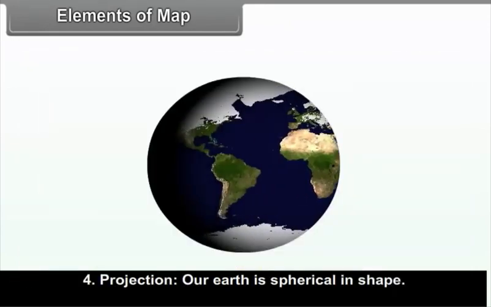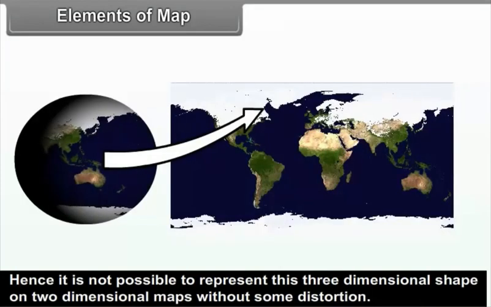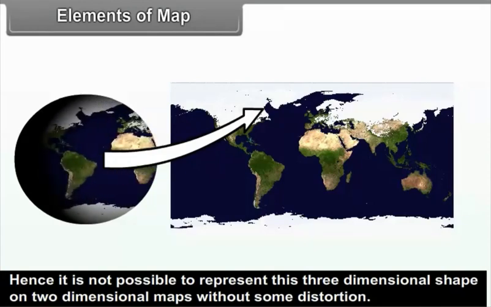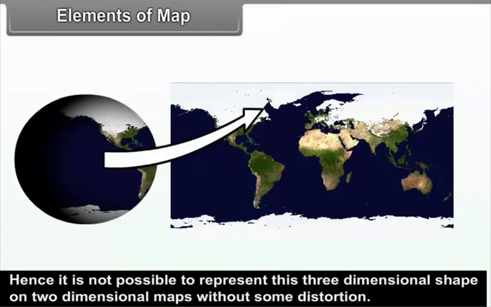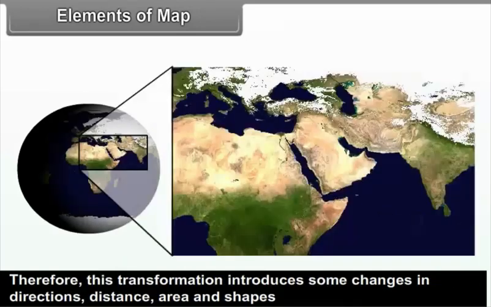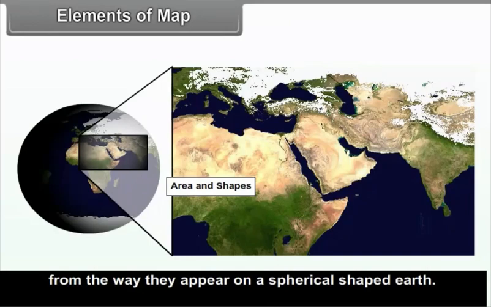Projection. Our Earth is spherical in shape. Hence, it is not possible to represent this three-dimensional shape on two-dimensional maps without some distortion. Therefore, this transformation introduces some changes in directions, distance, area and shapes from the way they appear on a spherical shaped Earth.